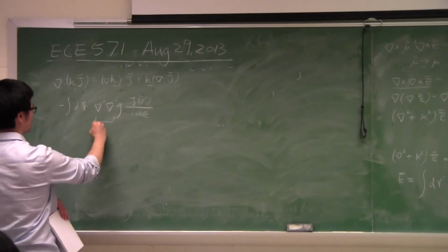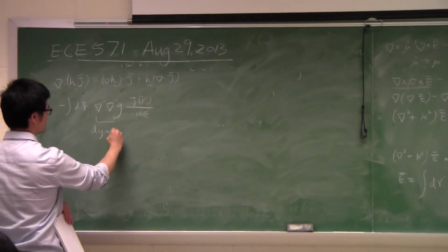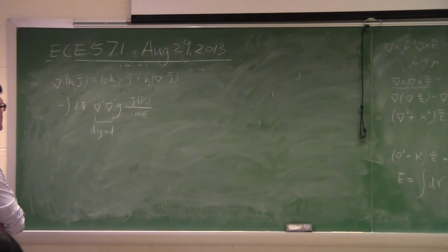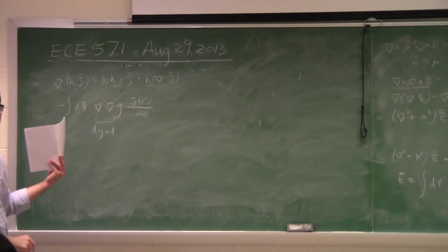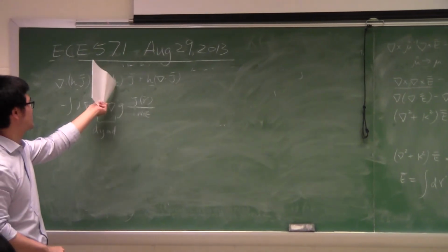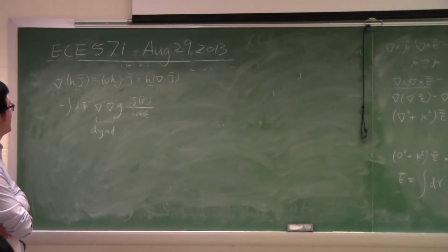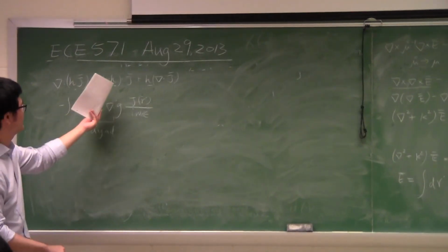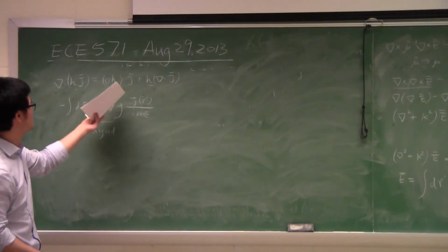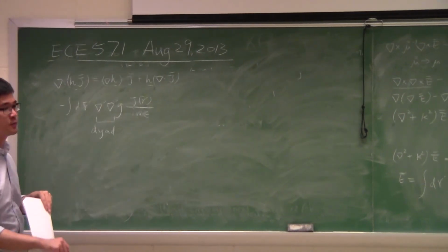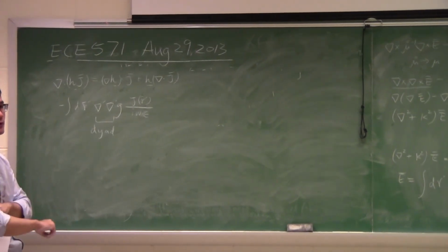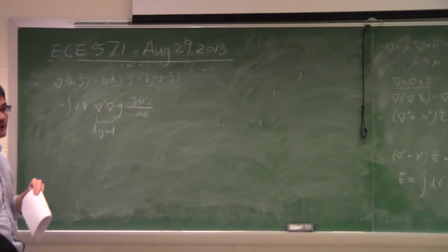This is what we call a dyad. So if you're comfortable with a dyad operation, you can also replace this H by a dyad. A gradient operating on a vector will give you a dyad, which is a tensor.